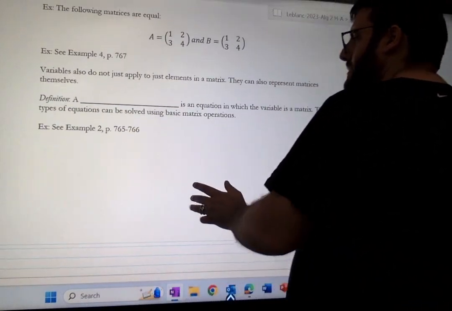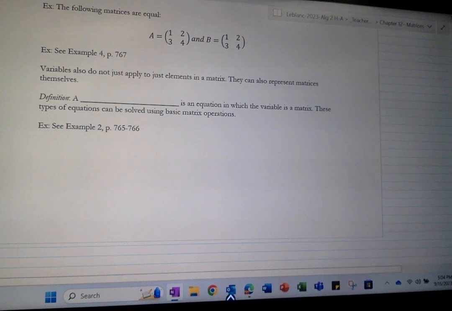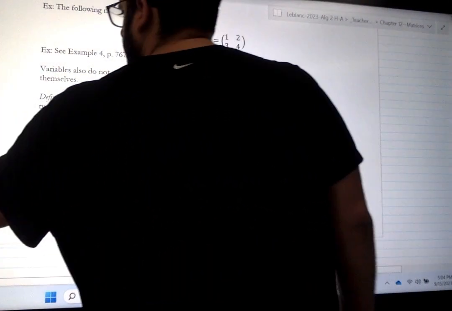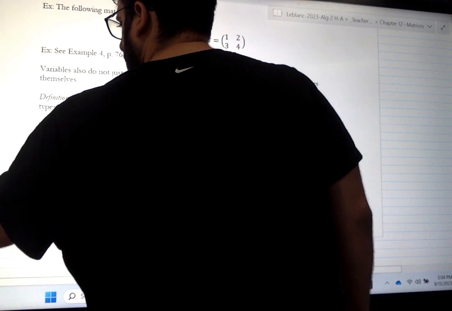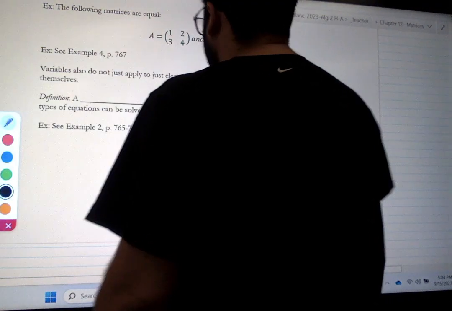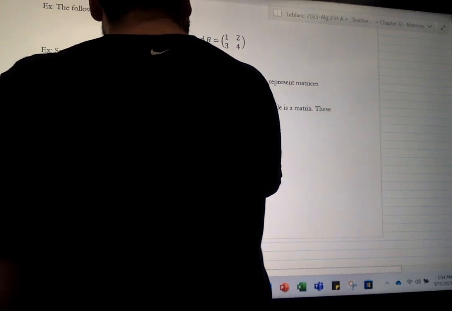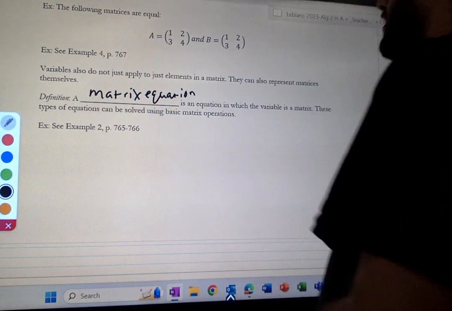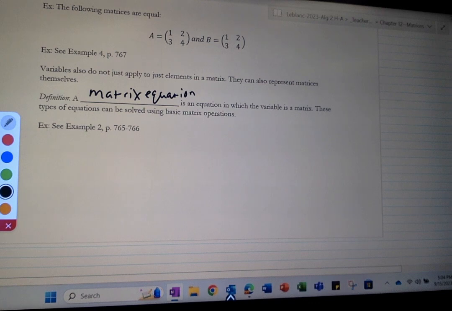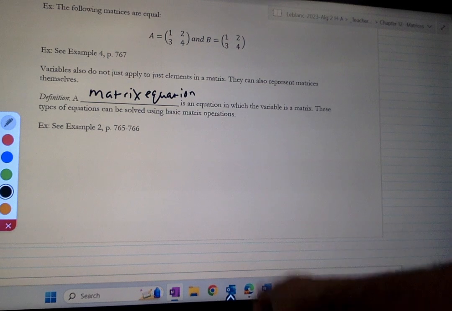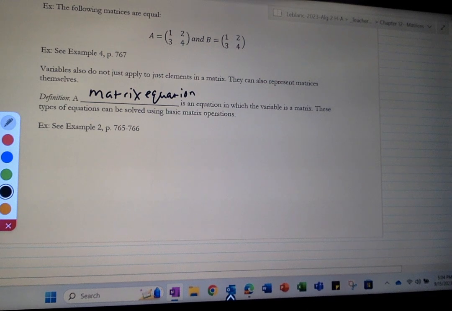We can also write matrices like equations. So for example, we have what's called a matrix equation. A matrix equation is one where the variable itself is a matrix. These type of equations can be solved using basic matrix operations.